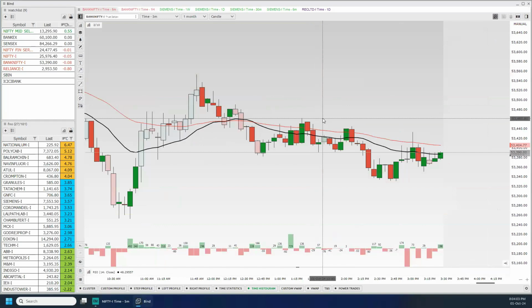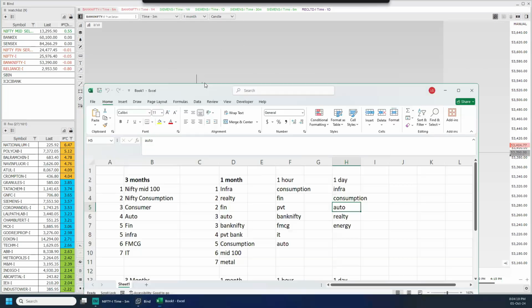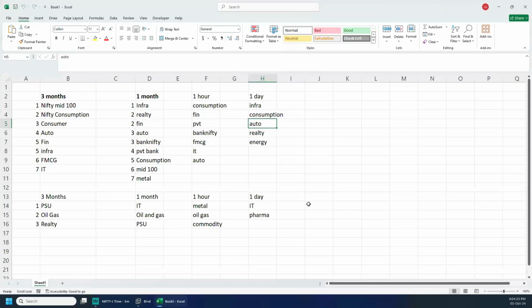So yesterday, what we were talking about is we discussed sector allocations, right? So let me remind you one thing here. This is the thing we were discussing yesterday. You have to see 3 months, then 1 month, and then 1 day, right?